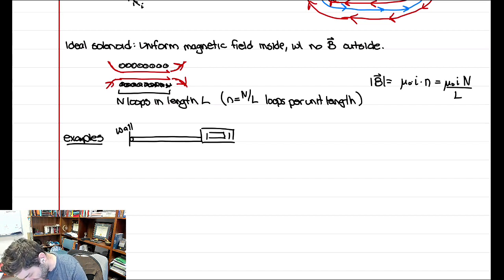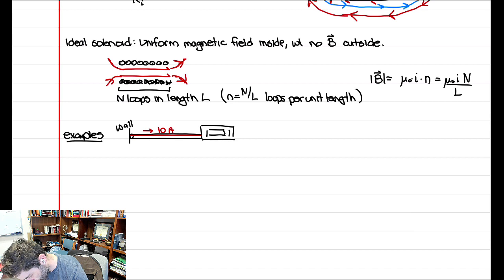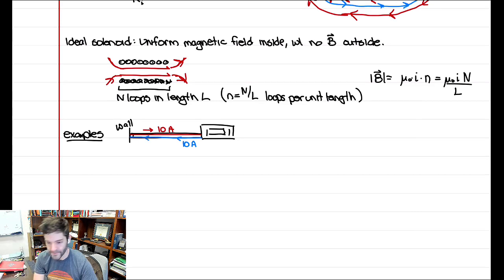So really you might approximate this as having some wire on the top, which has some current going that way, maybe with a current of 10 amps. And then there's also a wire on the bottom that takes the current out. That's going out in the opposite direction.